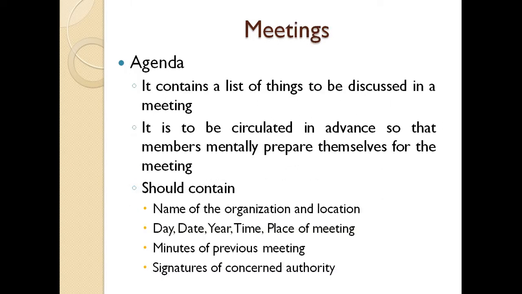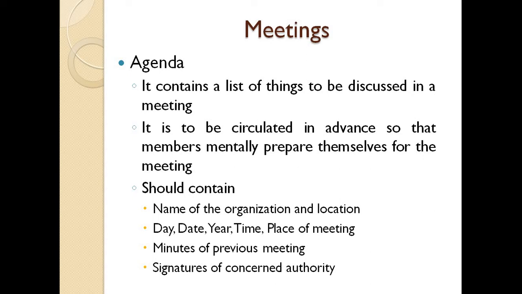Then when you conduct meetings, you have to create the agenda and circulate it beforehand. So the agenda contains a list of things to be discussed in a meeting, and it is to be circulated in advance so that members mentally prepare themselves for the meeting.